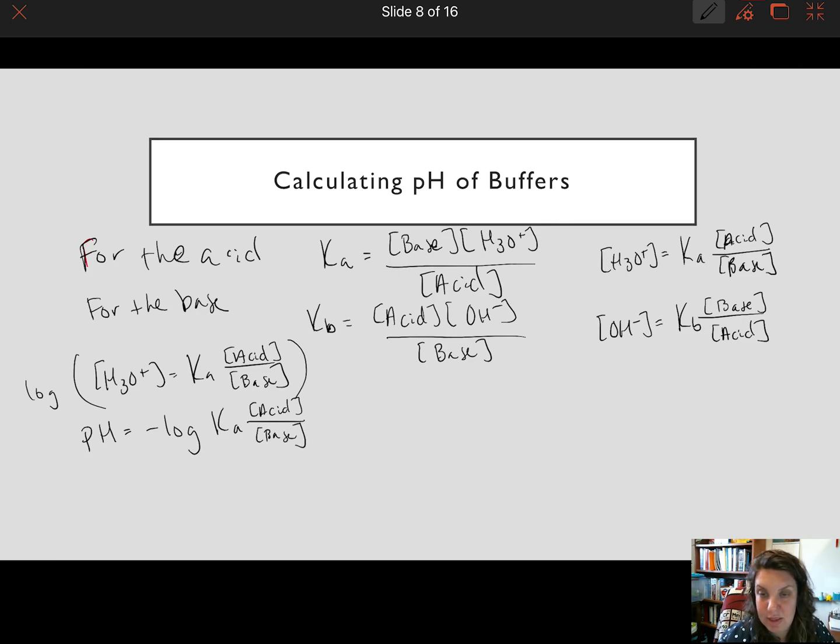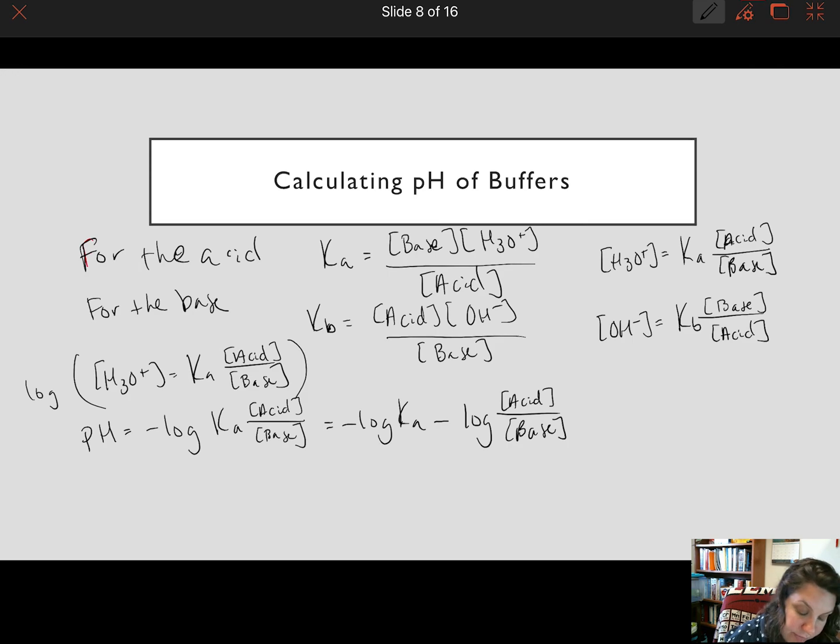If we separate this out, we get negative log Ka minus log acid over base, and the negative log of Ka is pKa.